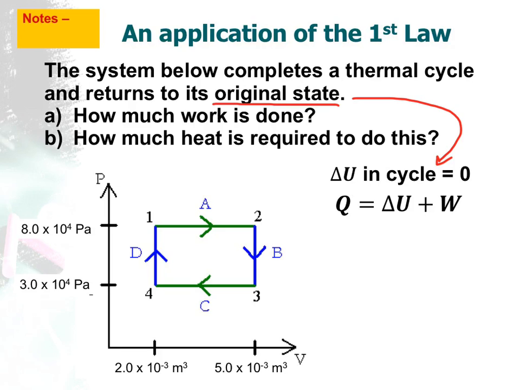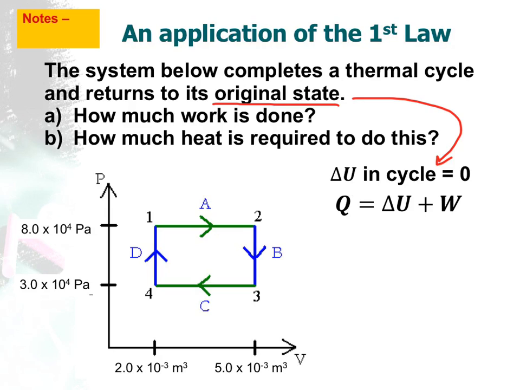Well, what if you were given a problem like this instead? Let's consider the same system, same pressure versus volume graph. The same constraints. In other words, I want to return back to my original state so that the change in internal energy is equal to 0. Do I have to actually look at each of these 4 individual steps to figure out how much work it does and how much heat is required to do this work?